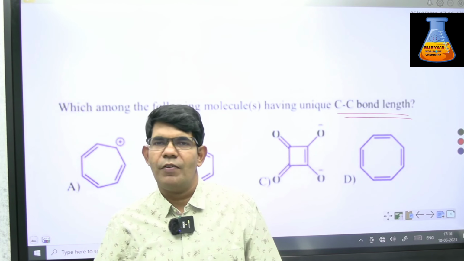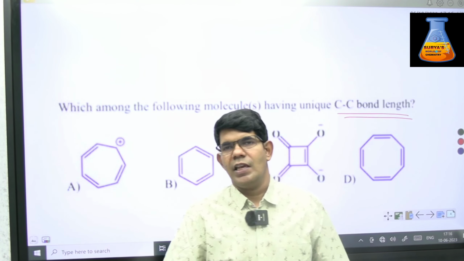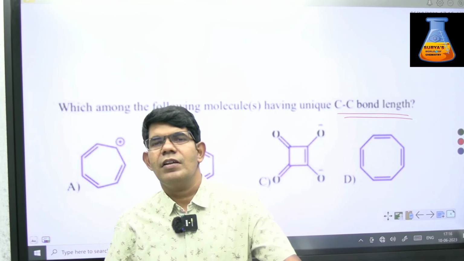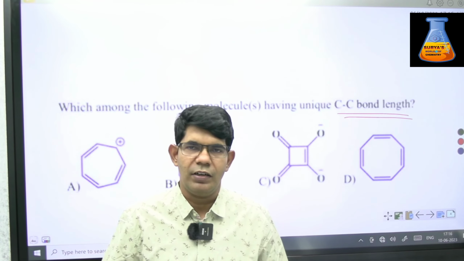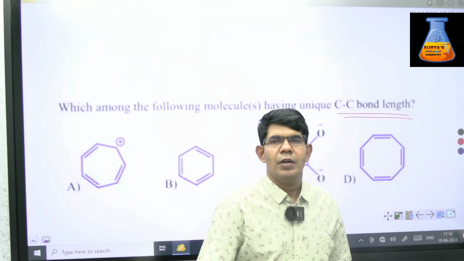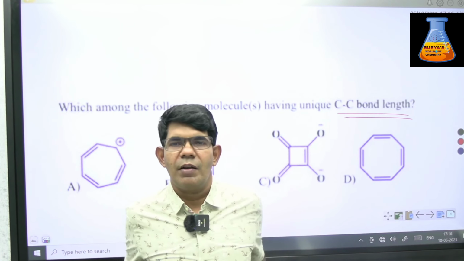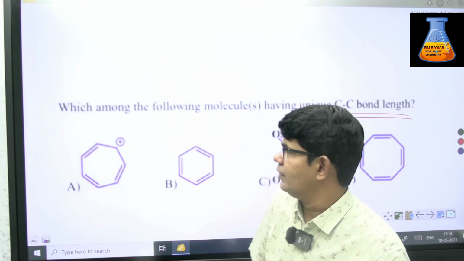So whenever you have aromatic compounds or quasi-aromatic compounds, they are known for their unique feature of a distinct carbon-carbon bond length, which we consider as partial double bond character. It is not similar to a pure single bond or pure double bond. It is in between a carbon-carbon single bond and double bond, which we call partial double bond character.